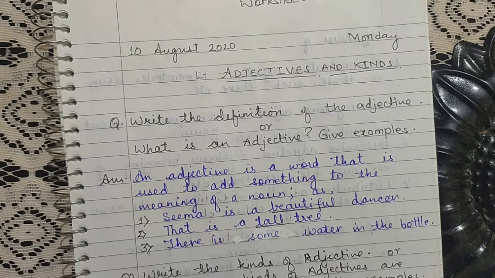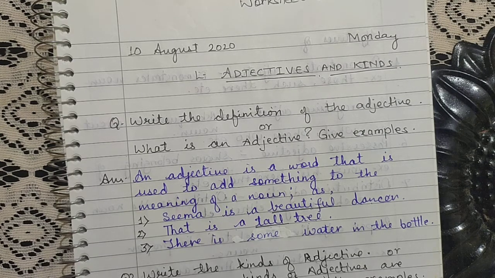Somewhere the trees have yellow leaves, some trees have red leaves. So if I say this tree is a green tree or yellow tree, the color I am telling is describing the noun tree.